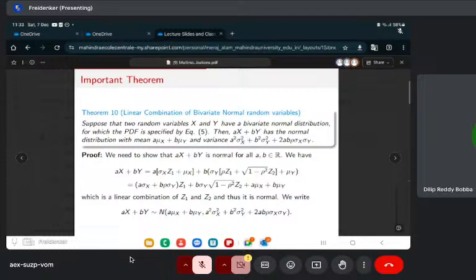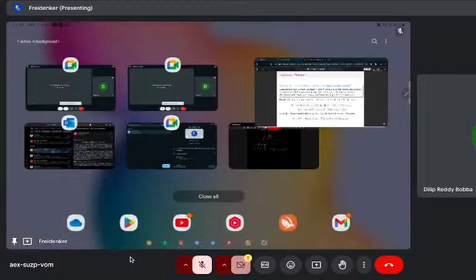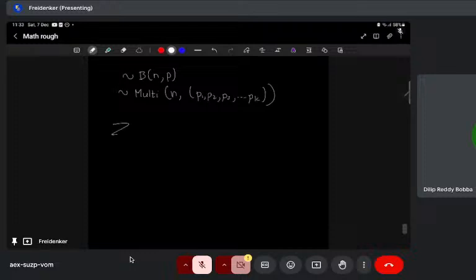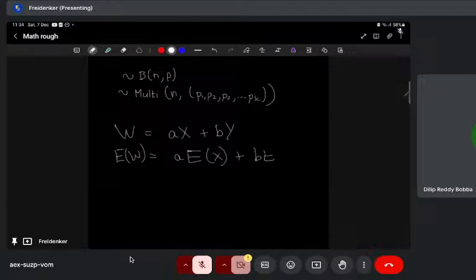Okay, we have something. So see, let's say I take w, probably, equal to ax plus by. Now, what is the mean of w? It's nothing but a times the expectation of x plus b times the expectation of y, right?